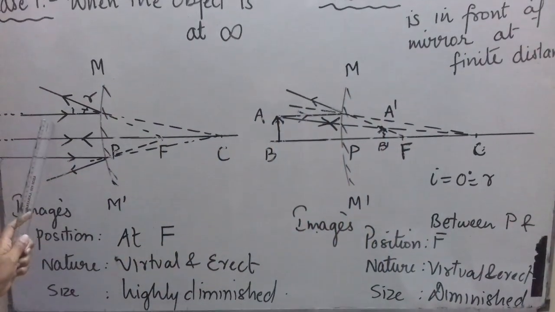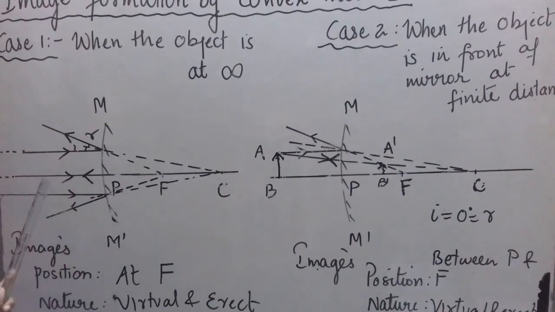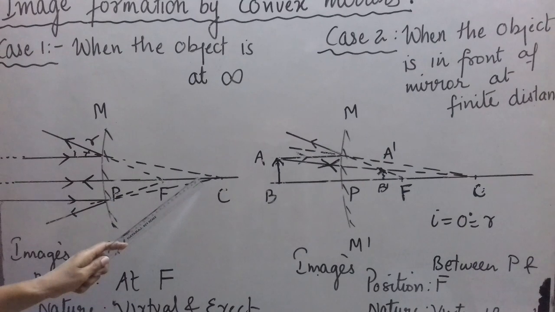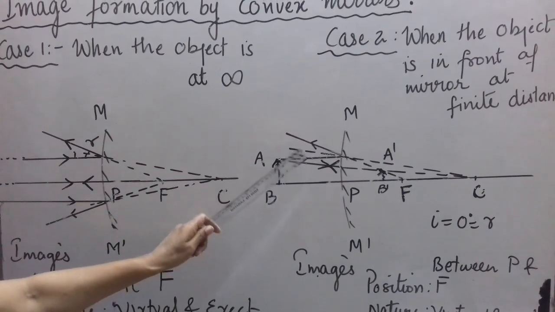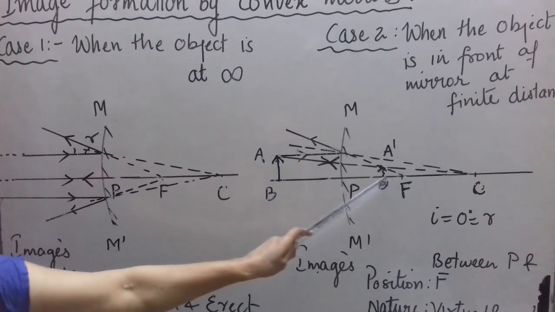Okay, so we have only two ray diagrams showing the image formation by convex mirrors. You can try here, you can place the object a little bit far away or closer to it. Every time when you draw the ray diagram, you will see that image is formed between P and F somewhere.